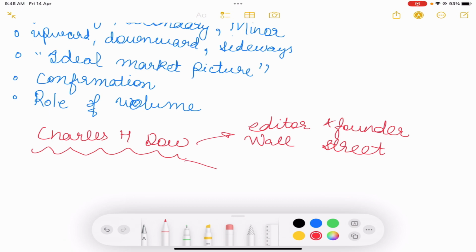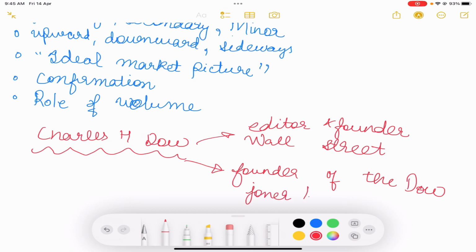That's the first thing. Secondly, what did Charles H. Dow do? Charles H. Dow was the founder of the American average, which is the Dow Jones Industrial Average. So what is the Dow Jones Industrial Average?